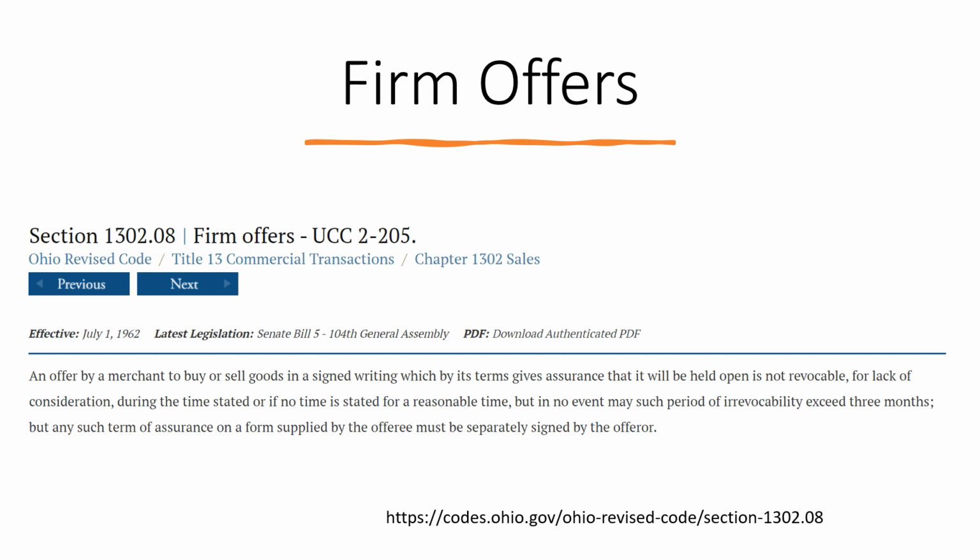An offer by a merchant to buy or sell goods in a signed writing, which by its terms gives assurance that it'll be held open, is not revocable for lack of consideration during the time stated, or if no time is stated for a reasonable time, but in no event may such period of irrevocability, hard word to pronounce, exceed 3 months. But any such term of assurance on a form supplied by the offeree must be separately signed by the offeree. So there, again, the idea here is that a firm offer does not need to have consideration.